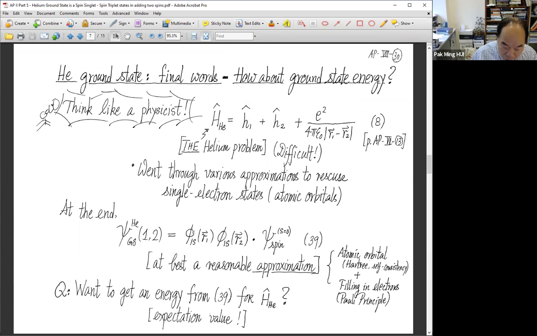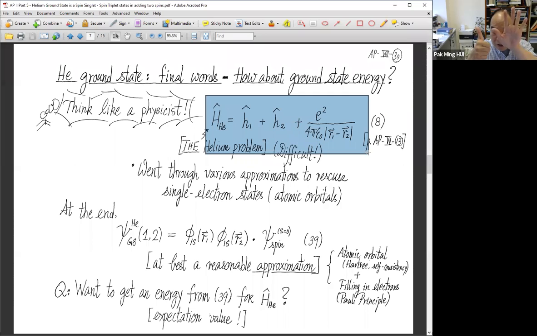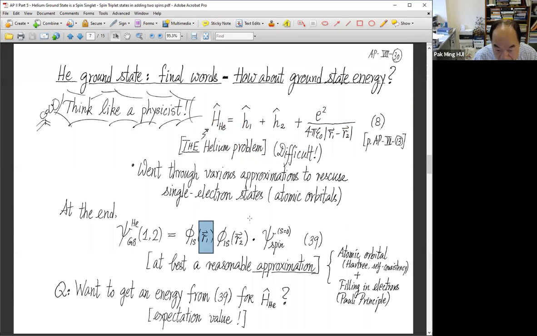So with this, we can ask, what is the ground state energy? The ground state energy is the expectation value of this ground state with respect to the Hamiltonian of the helium atom. So you need to do an integral, again, a 6 variable integral, because you have x, y, z here, x, y, z here. The TA has worked this one out for you in this week's exercise class.